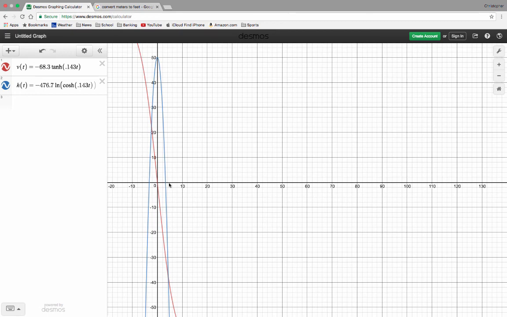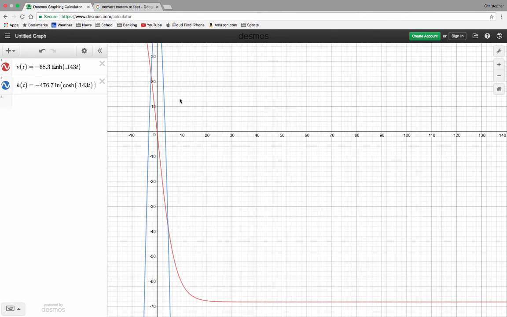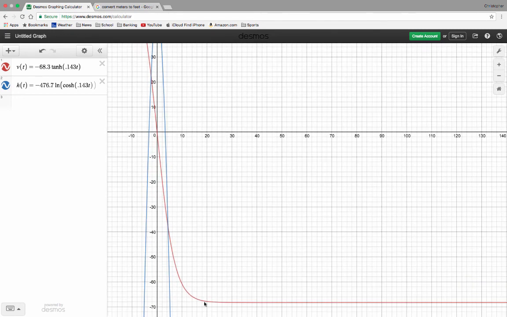So I can say one thing is that it does not reach its terminal velocity as it's falling. It would have to be dropped from a higher altitude in order to reach that terminal velocity. It isn't really going to reach that until maybe after 20 seconds, so it'd have to be much higher up in the air and dropped to ever pick up that kind of velocity.